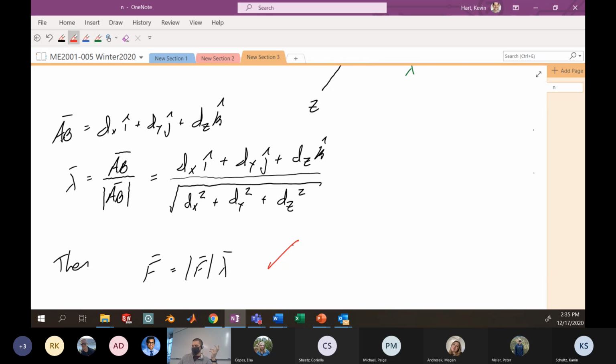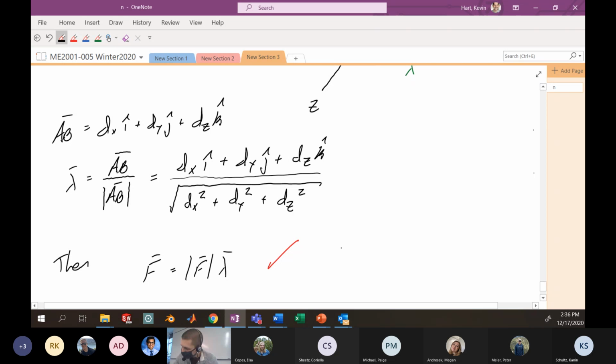But they're all revolving around this general idea: you have to express the force in its rectangular components, i, j, and k, because that allows you to utilize it in 3D particle equilibrium, which is the kind of problem we were analyzing.